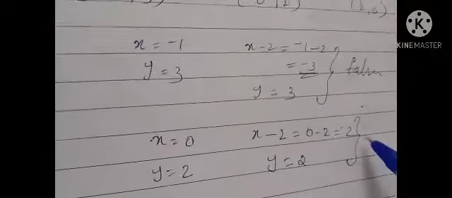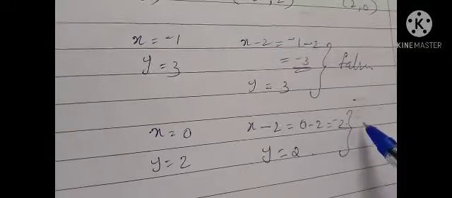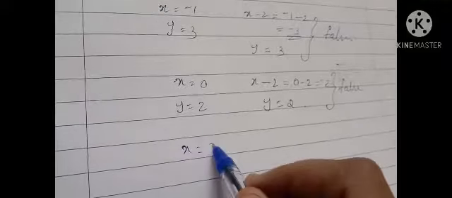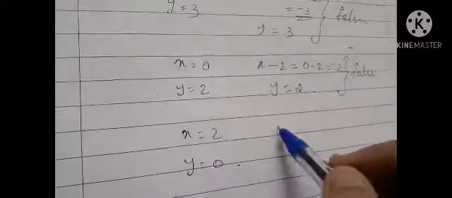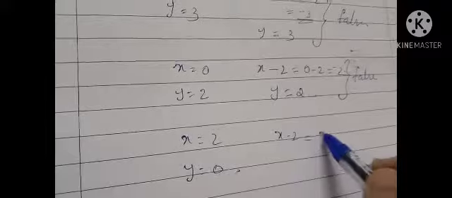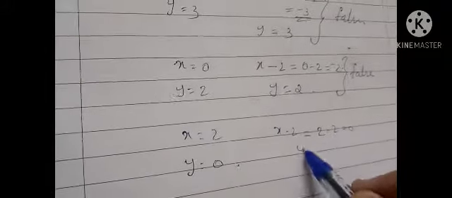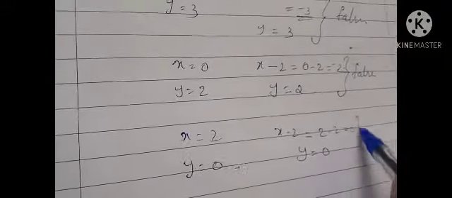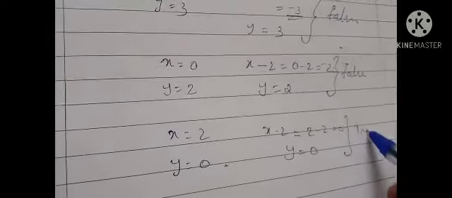Here these two are not same, so it is false. Then the third solution, x equal 2 and y equal 0. So x minus 2 equal 2 minus 2, that is 0. y is equal 0. Here these two are equal, so it is true.